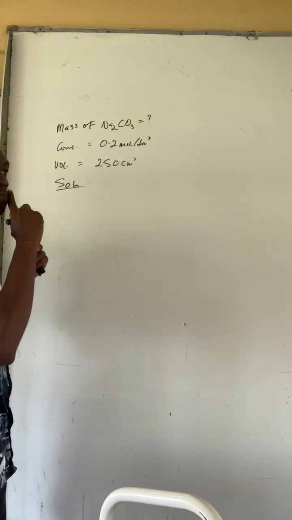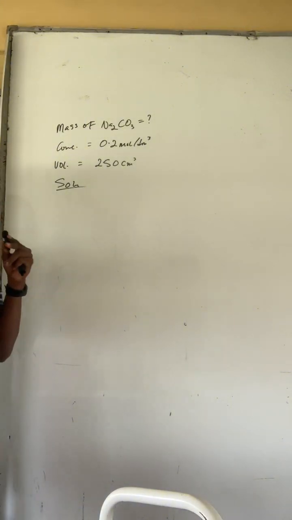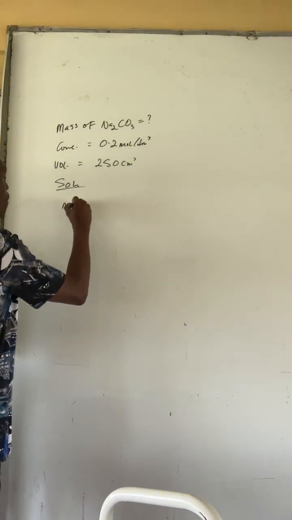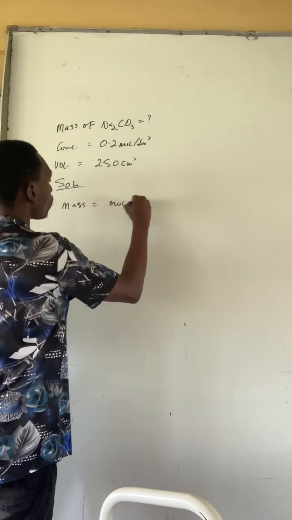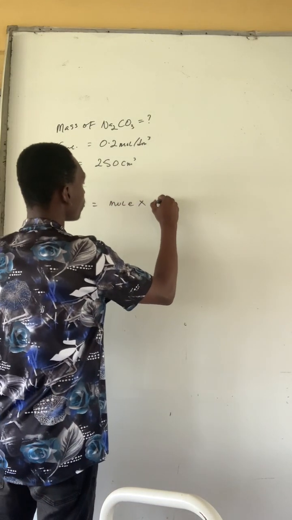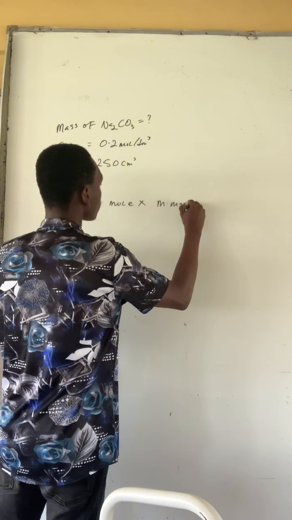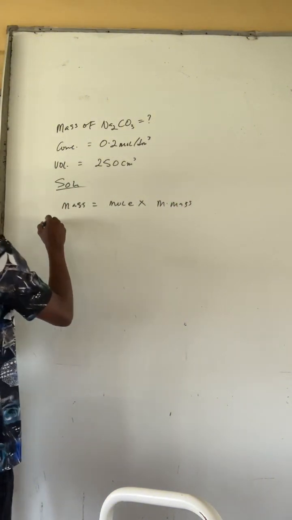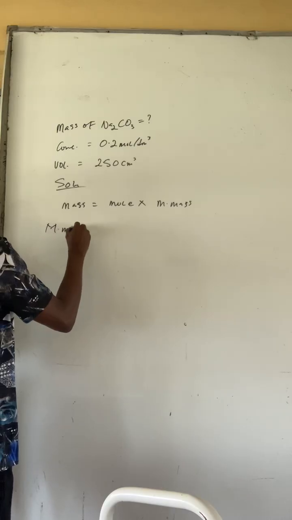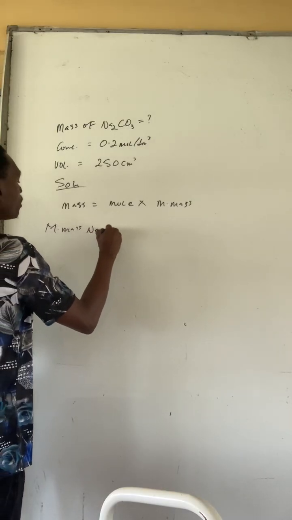Very simple. First of all, we know that, what formula involves mass? Mass is equal to mole times the molar mass, right? Now, what is the molar mass of sodium carbonate?